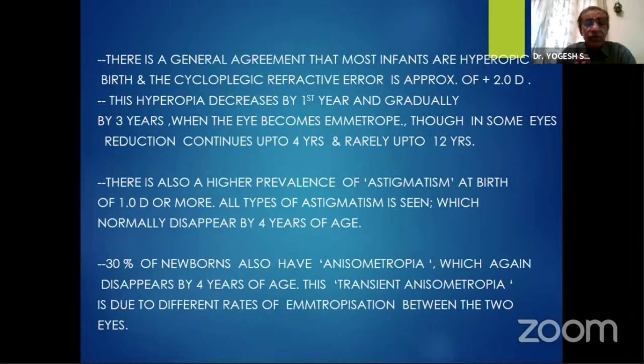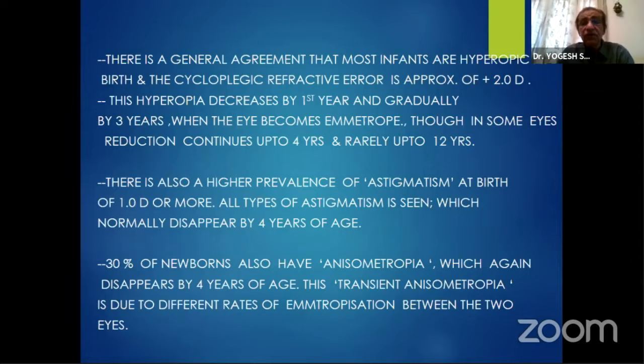Now, 30% of newborns also have anisometropia. That means a difference of refractive errors between the two eyes, which again disappears by 4 years of life. This transient anisometropia is due to different rates of emmetropization between the two eyes. Suppose one eye has a hypermetropia of +2, for example, and the other eye does not have any hypermetropia; it could be emmetropic from birth also.